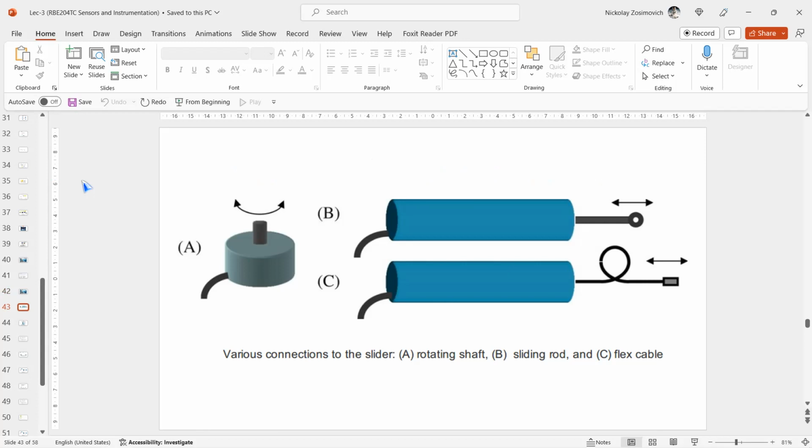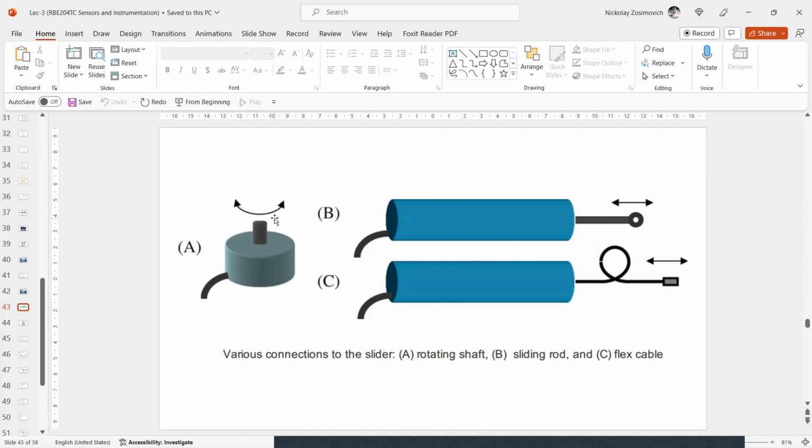A slider or wiper can move along this conductive body, acting as a movable electric contact. The connection between the slider and the object whose displacement should be measured is performed by a rotating shaft, and you can see here in figure A.